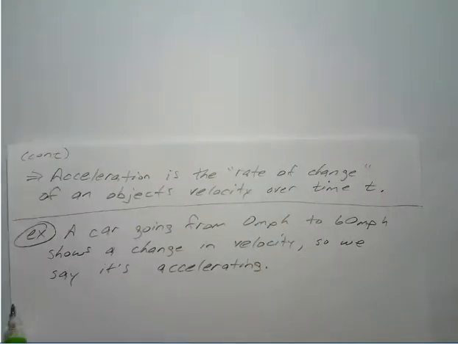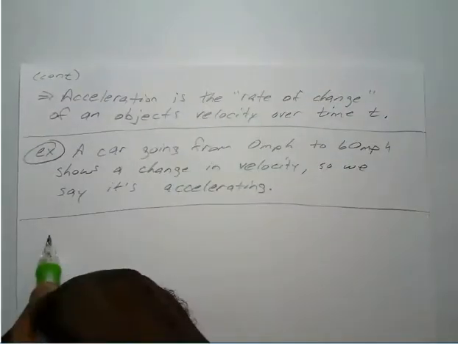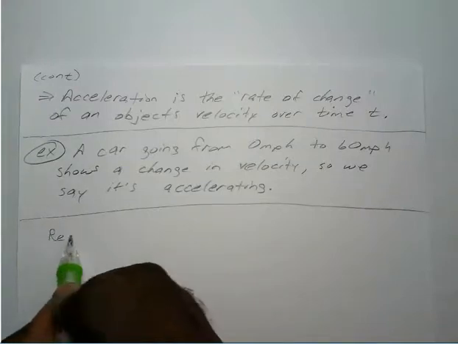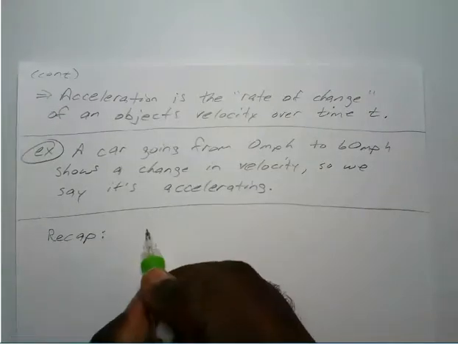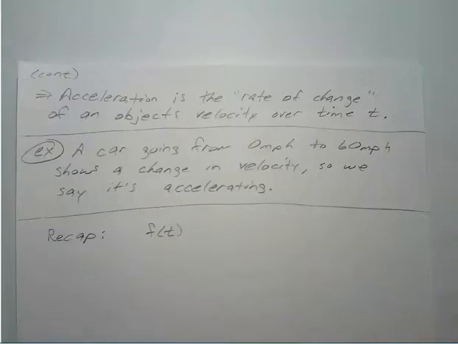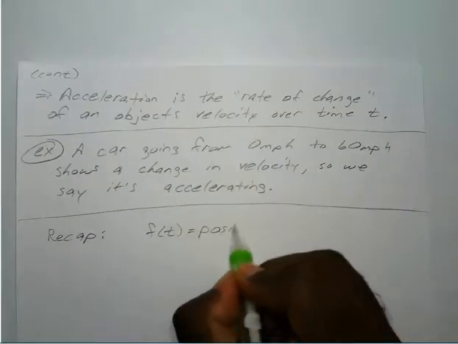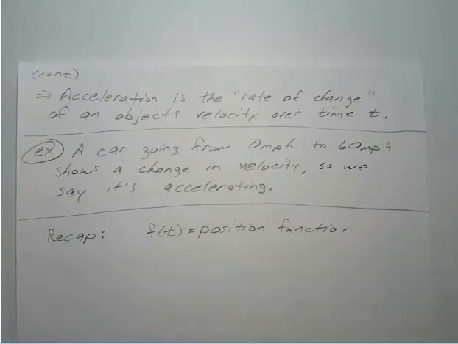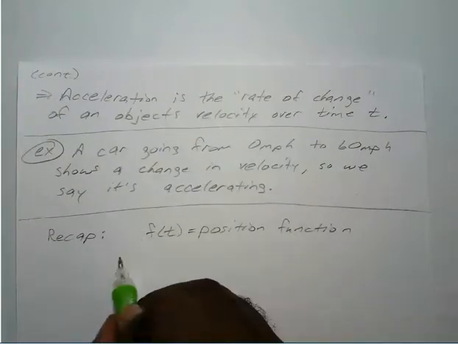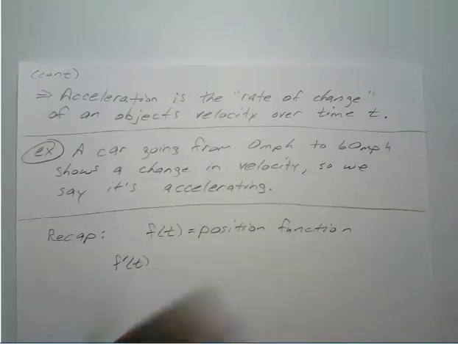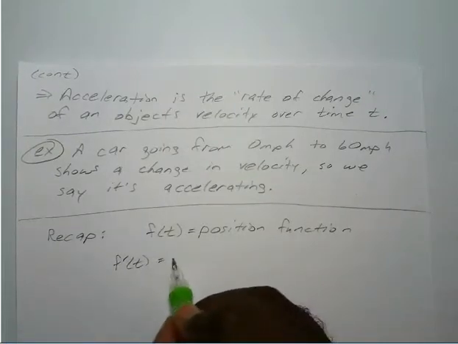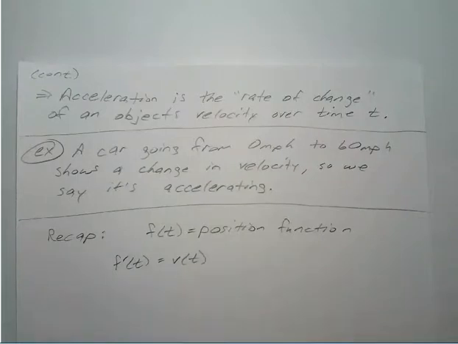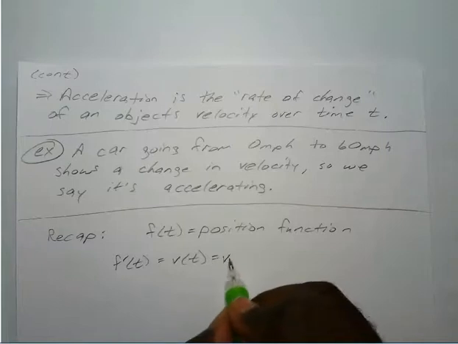All right, so this is a quick recap. You have a function f of t, that's your position function. If you have f prime of t, that is also known as your v of t, your velocity with respect to time, or your velocity function.